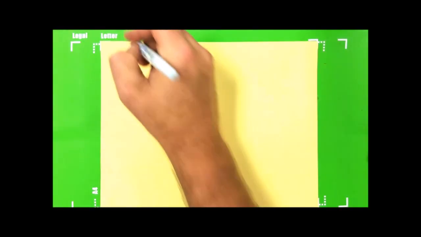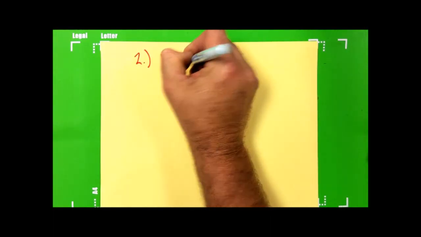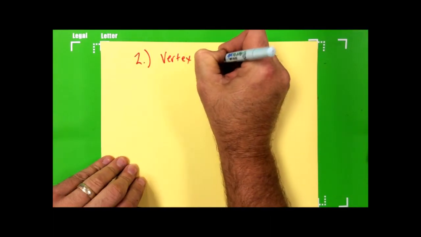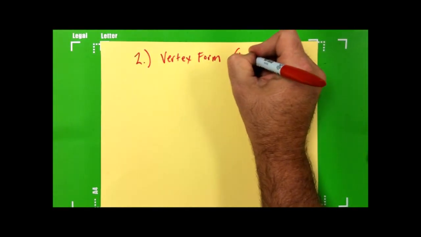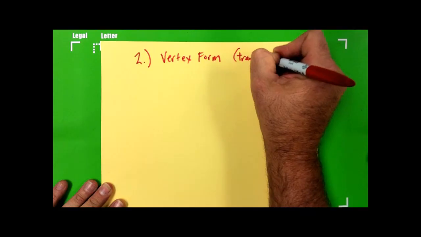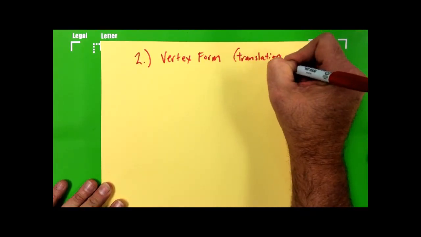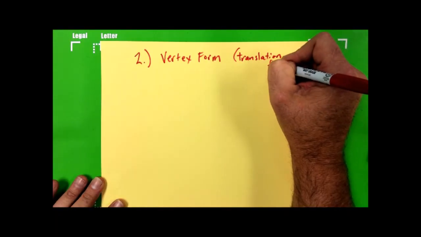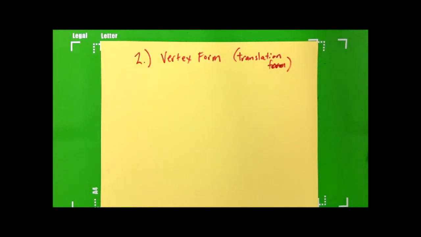That is the standard form. The second form I need you to be aware of is what we call the vertex form. This will also be known as the translation form. Okay? This is also what Larson calls the standard.